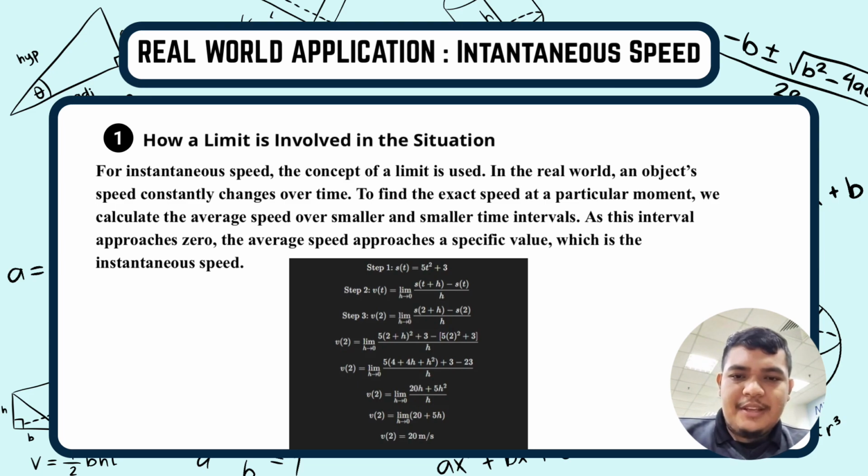To find the exact speed at a particular moment, we calculate the average speed over smaller and smaller time intervals. As this interval approaches zero, the average speed approaches a specific value, which is the instantaneous speed.